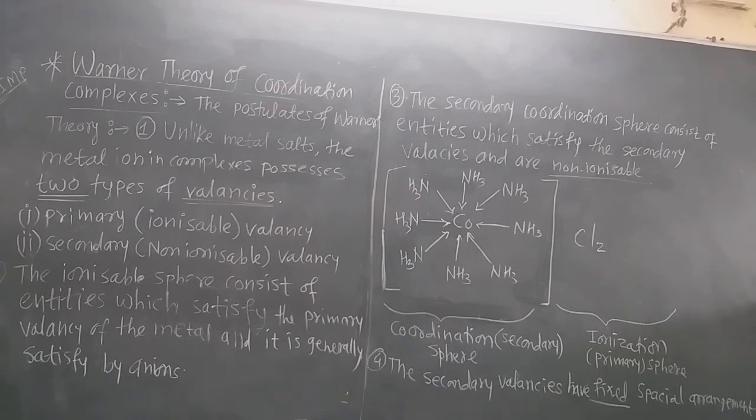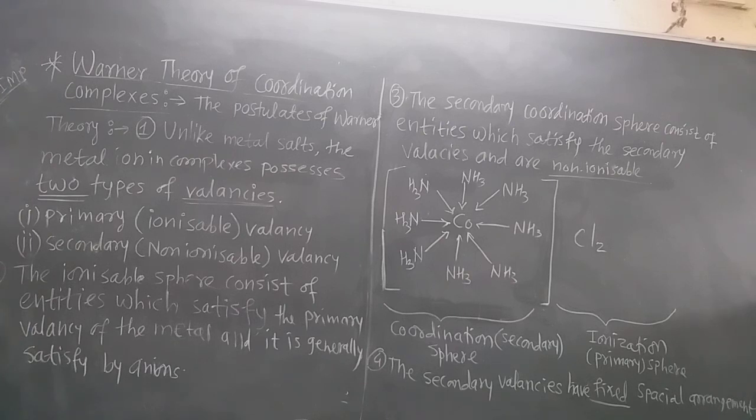The ionizable sphere consists of such species or entities which satisfy the primary valency of the metal. Now the metal ion in the coordination complex has 2 valencies. One is the primary, another is the secondary. Primary valency is satisfied by the species which are present in the ionizable sphere. Now see the figure. In that figure, the chloride ions are shown in the ionizable sphere.